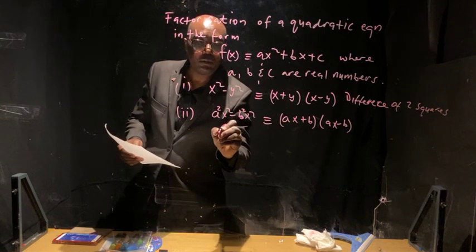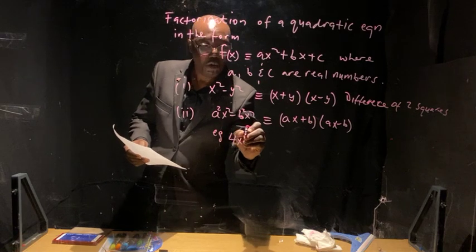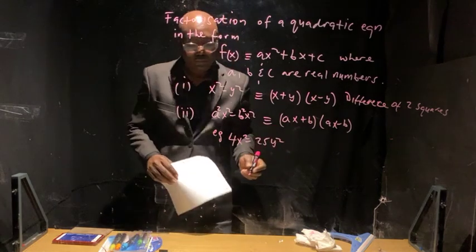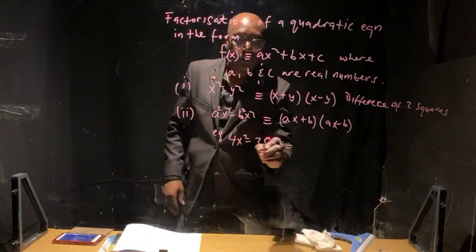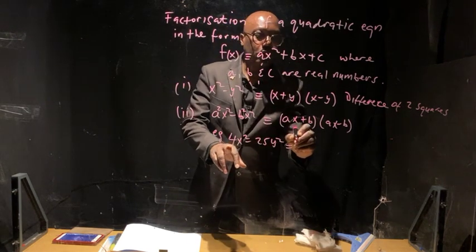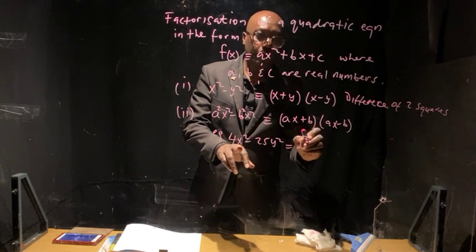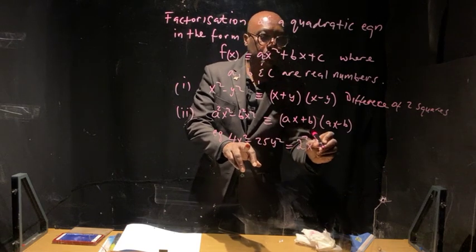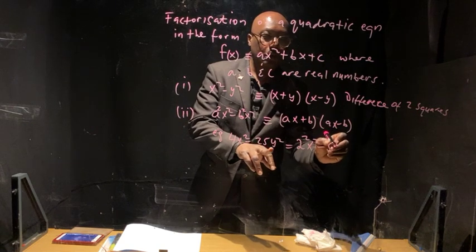For example, 4x squared minus 25y squared. This expression is not different from 4 is equal to 2 squared multiplied by x squared, minus 25 is 5 squared y squared.